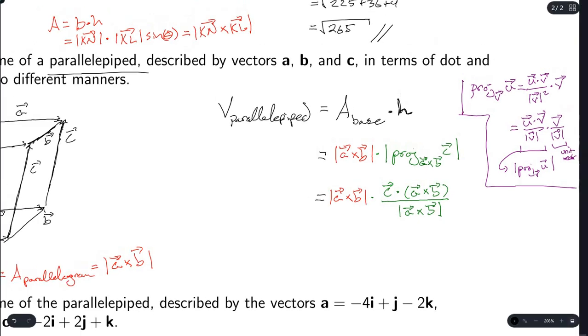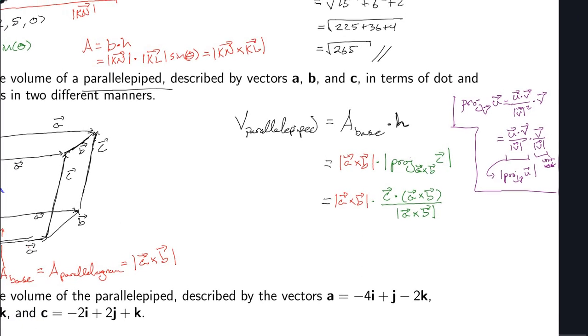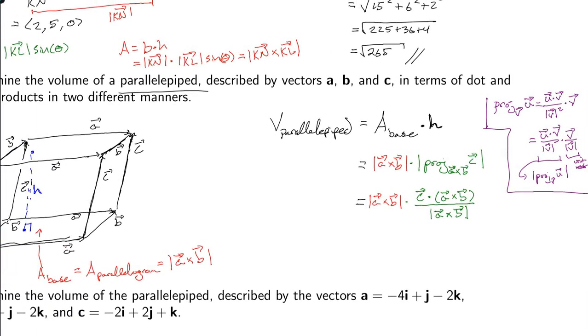One other thing to keep in mind here is that when we're doing that length, we have to be careful. That dot product could actually give us a negative number, so we need to keep an absolute value on that.